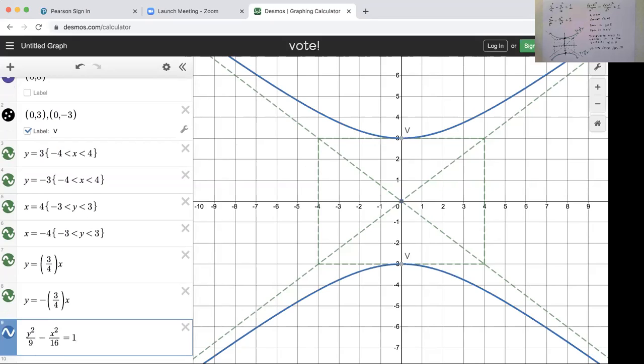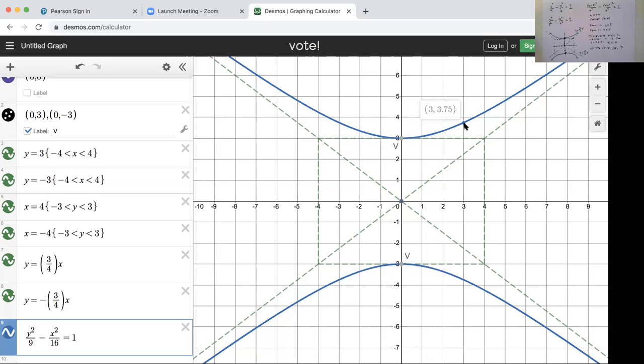So there we go. Now, the next thing I want to do is prove that (3, 3.75) is on the hyperbola. So let's see, is it? Let's click, get close to there if we can. And Desmos is telling me indeed it is.